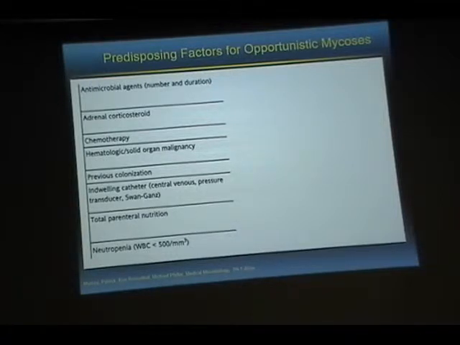If the number of antimicrobial agents and the duration is pretty high and long, then it can definitely become a predisposing factor for opportunistic mycosis. And corticosteroids, obviously, are immunosuppressants.